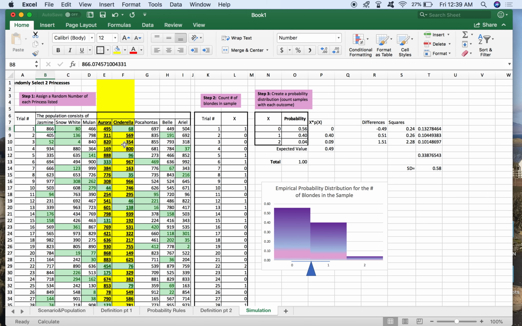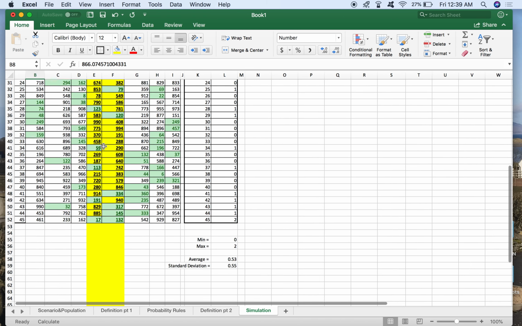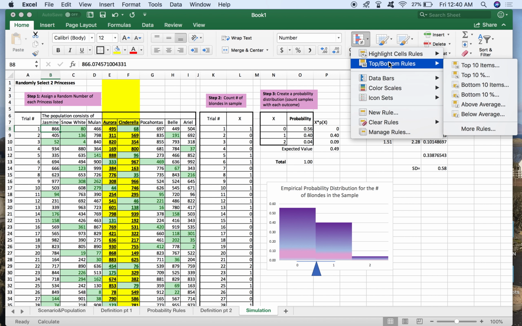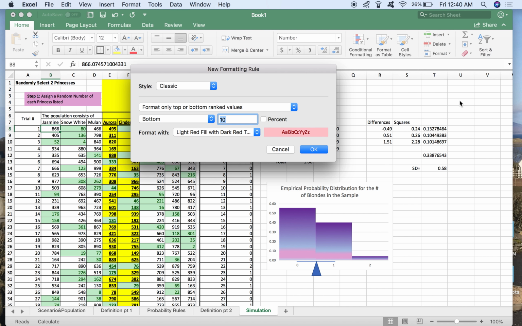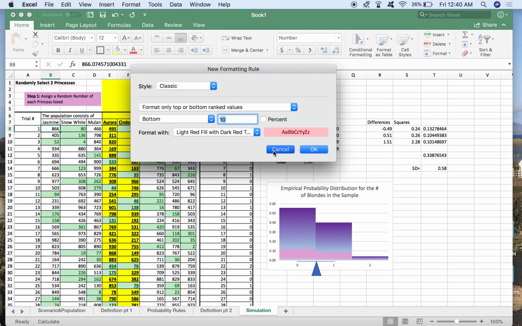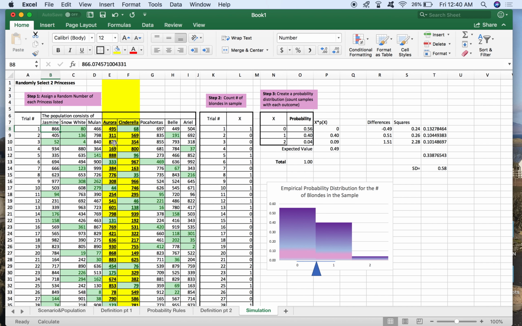So as we can see, I have all these different values. Professor Barron showed in one of the videos to select the row and then go to conditional formatting, then top/bottom rules, top 10 items, and I did 2, and then I did green fill to highlight the smallest 2 numbers.